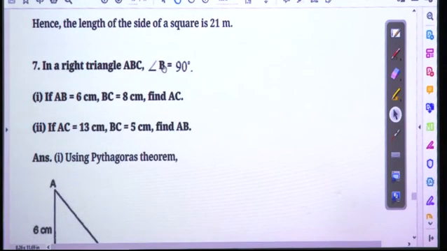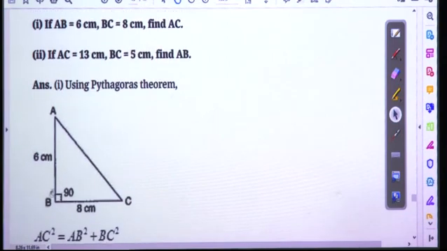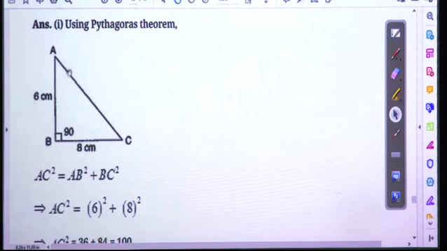Here it is mentioned that angle B is equal to 90 degrees in triangle ABC. Finding AC means it is the hypotenuse. Using the Pythagoras theorem, hypotenuse square is equal to side 1 square plus side 2 square.